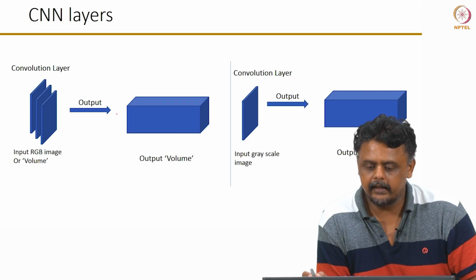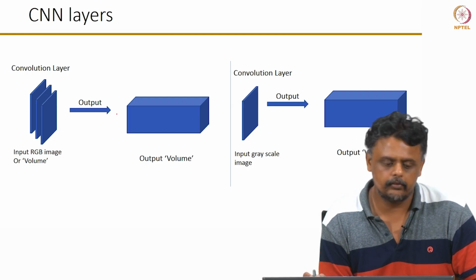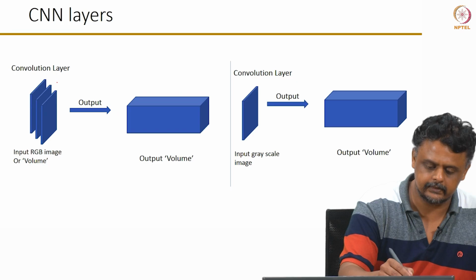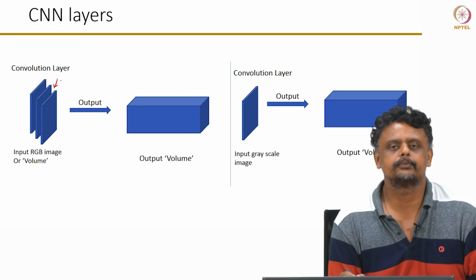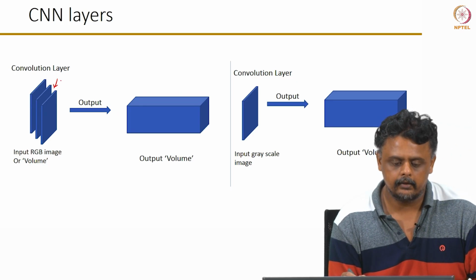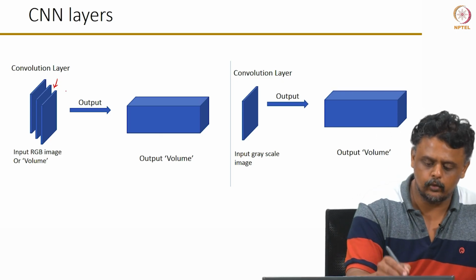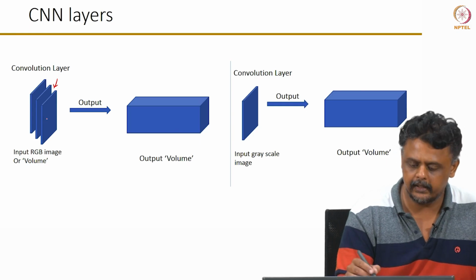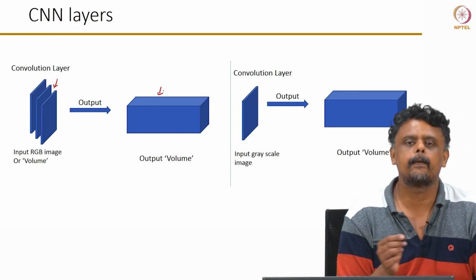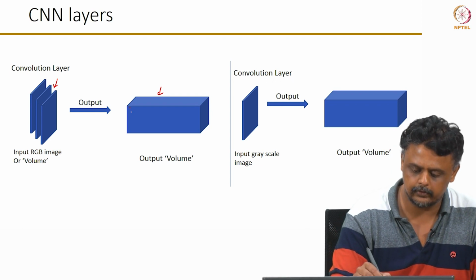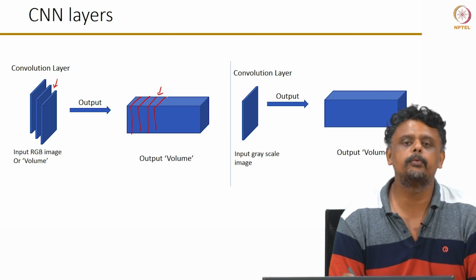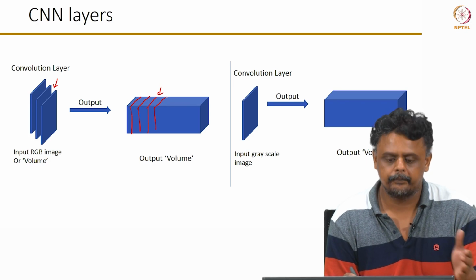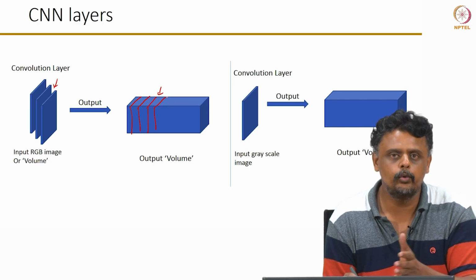So, just to summarize again in visual form, in this case the input is an RGB image, and we won't look at what the operations are right now, but the output from a layer is basically a volume, where if you slice the volume this way, you have multiple 2D outputs.